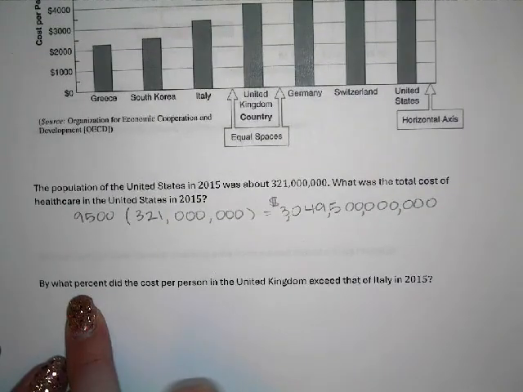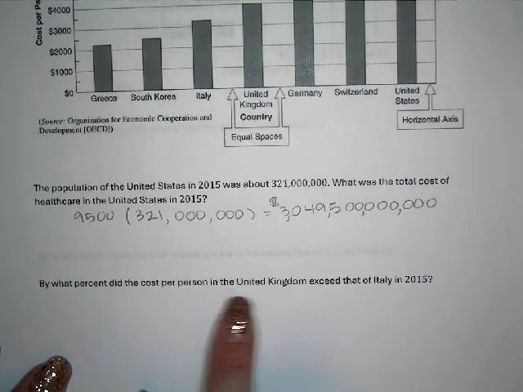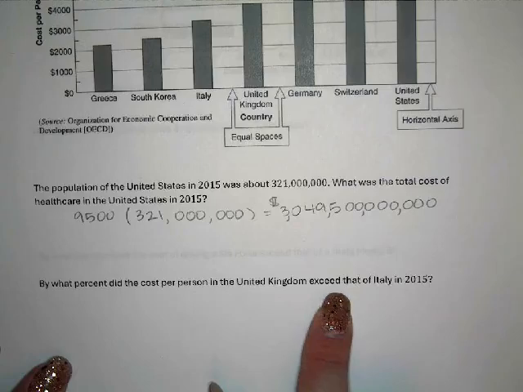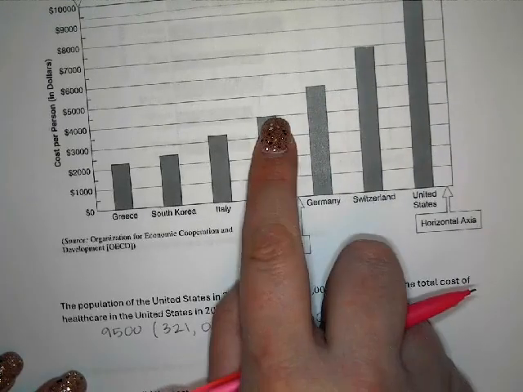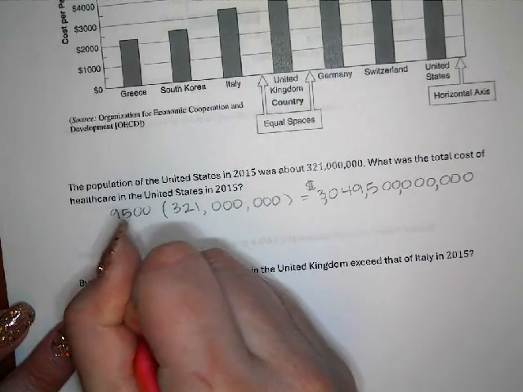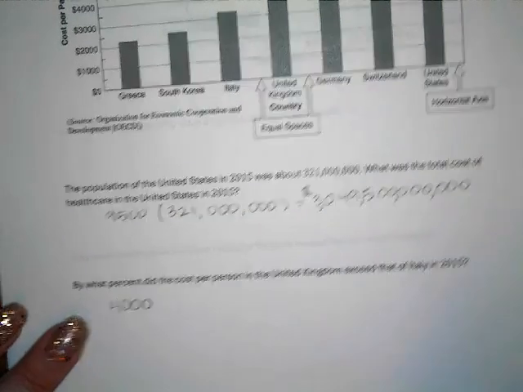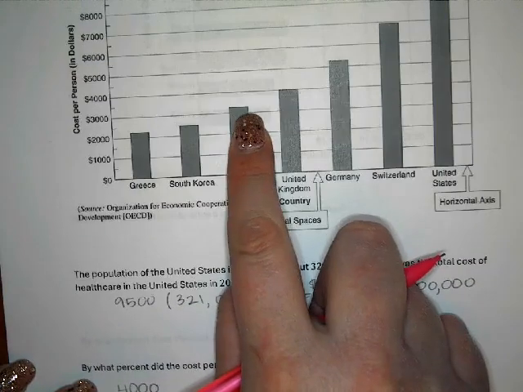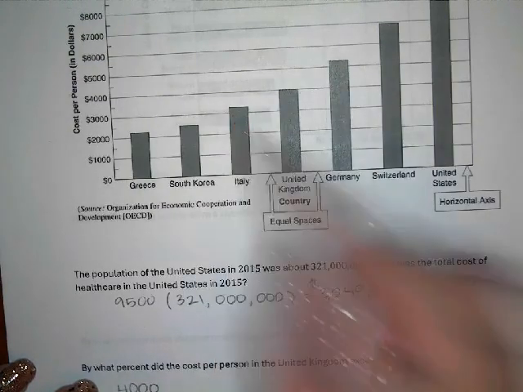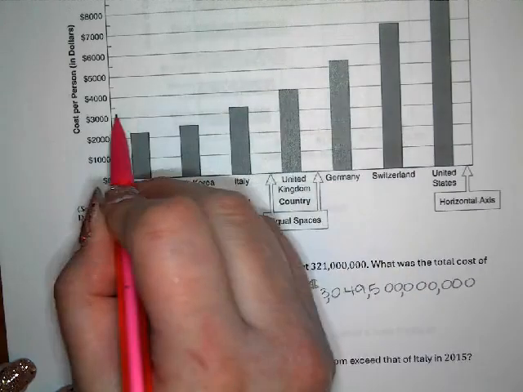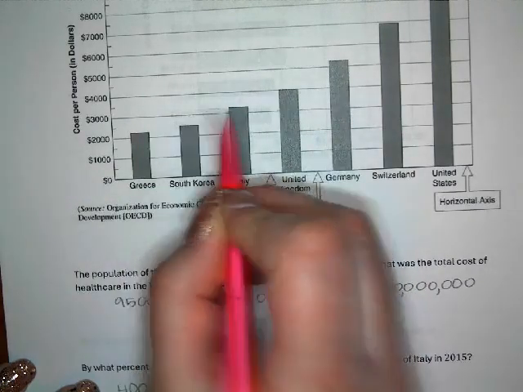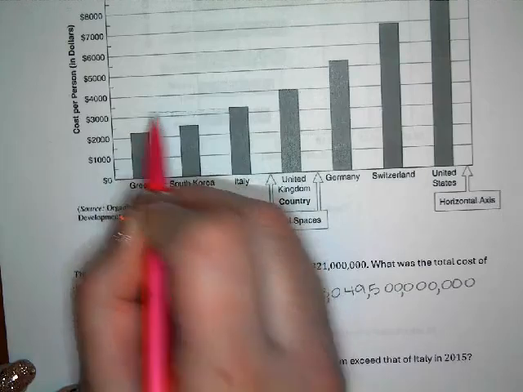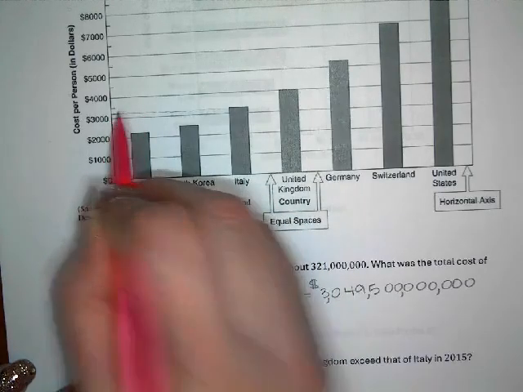By what percent did the cost per person in the United Kingdom exceed that of Italy in 2015? So the United Kingdom was $4,000. And Italy was a little above 3,000, maybe about halfway between there.